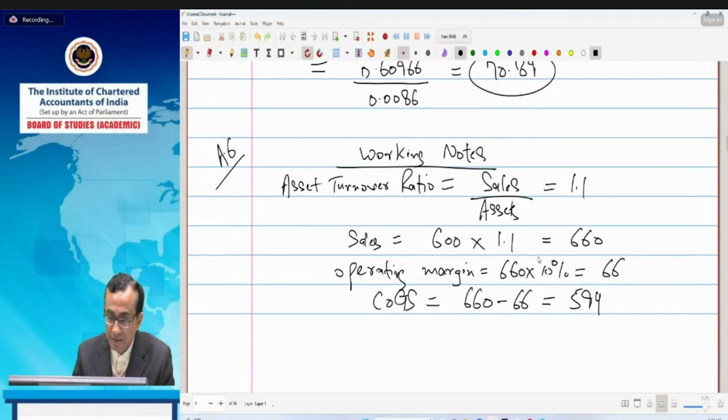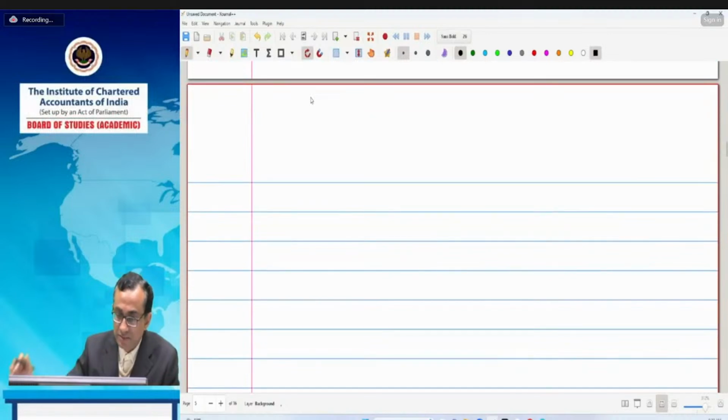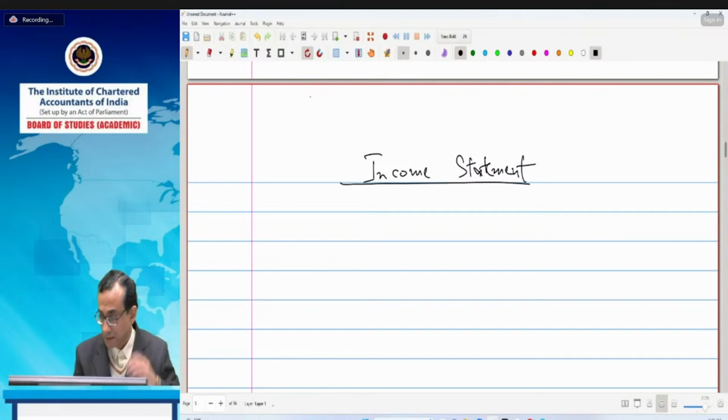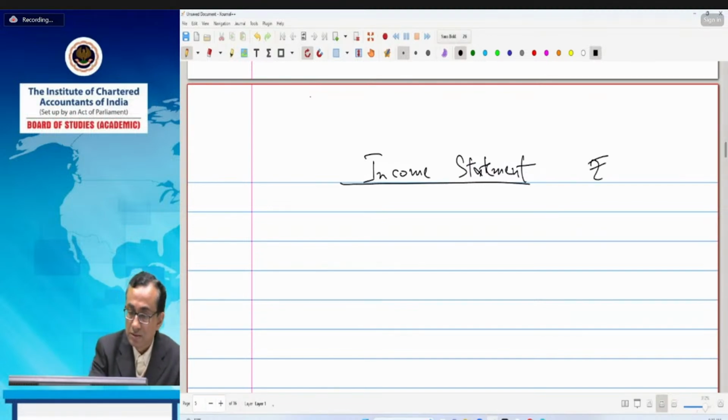Fine. So from this basis, can we prepare the income statement? The answer is yes. Let us prepare the income statement, in rupees. First of all, sales. What is the sales?